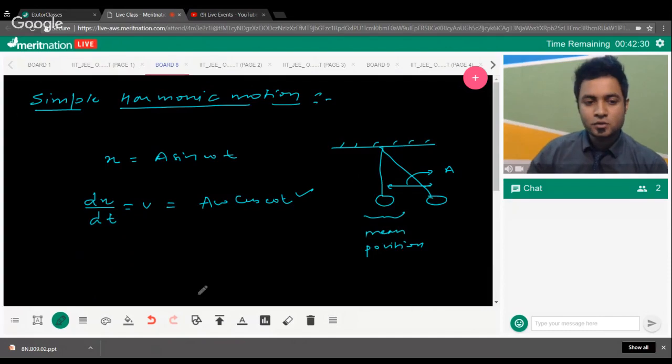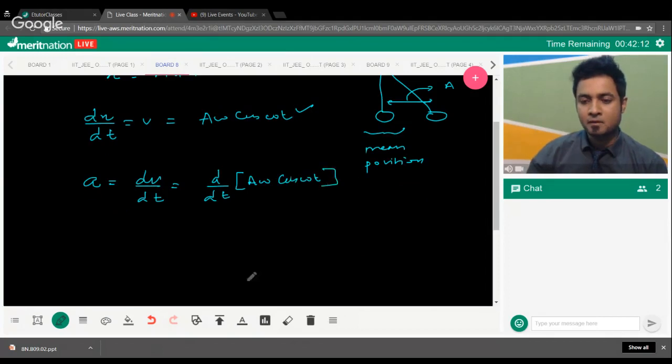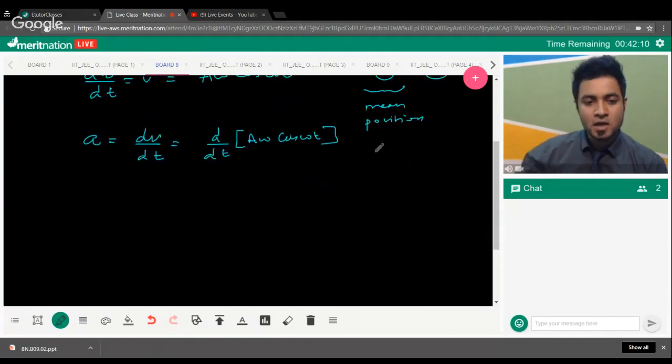Right? If you differentiate again, you get the acceleration, which is nothing but dv upon dt. So you differentiate this particular term, A omega cos omega t, and I'll get minus A omega square sine omega t.